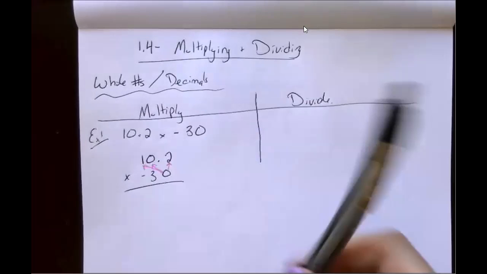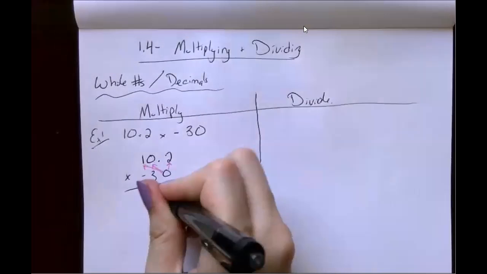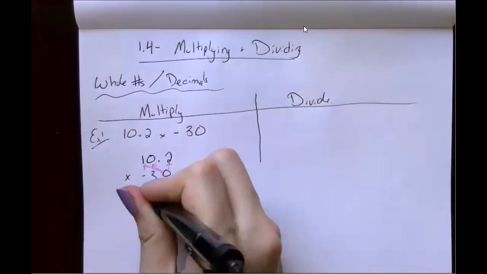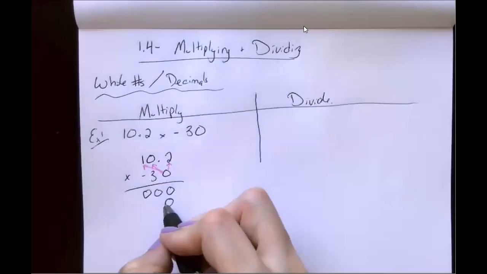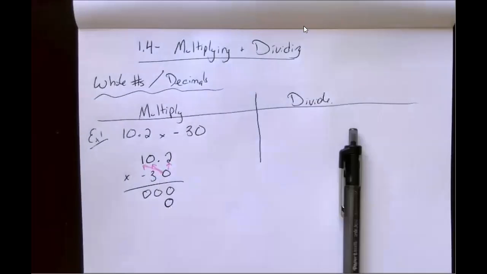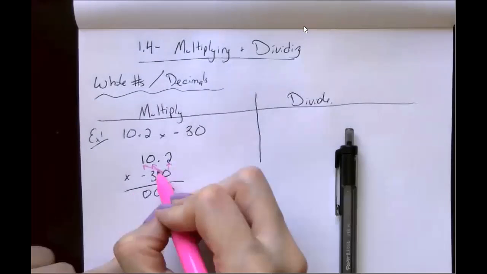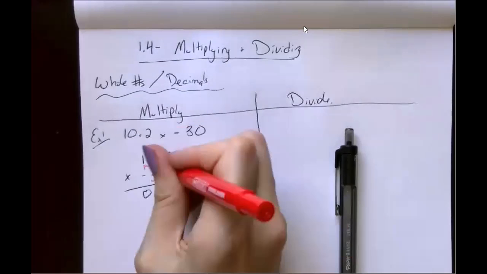So 0 times 2 is 0, 0 times 0 is 0, and 0 times 1 is 0. Then we go down and put a 0. And then we go over to the second number on the bottom row, and it is going to get multiplied by everything in the top row.